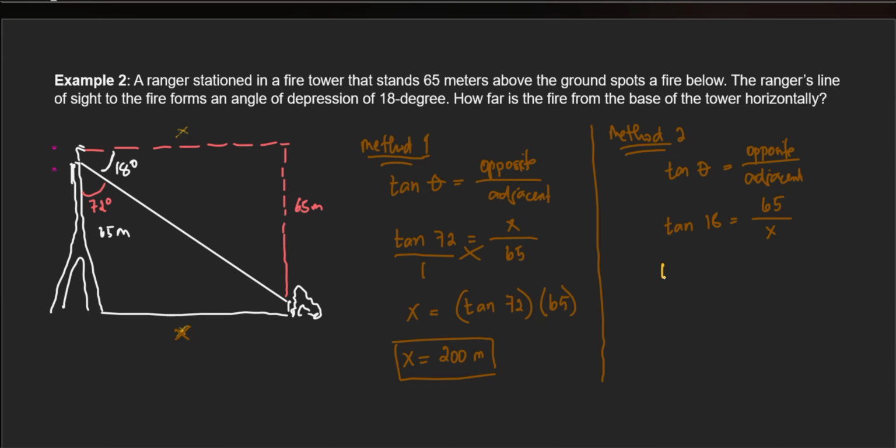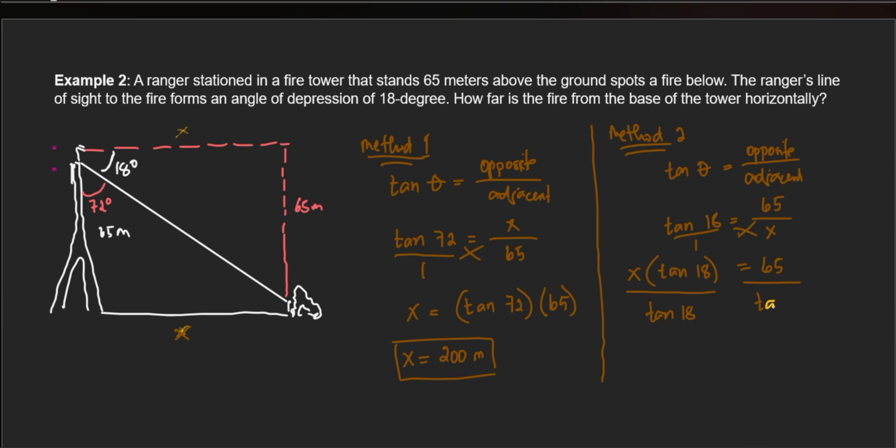In this part, we can cross multiply again. So we have 1 here. So that is tan 18 multiplied by x is equal to 65. Now, since our goal is to identify the value of x, we have to divide by tan 18.